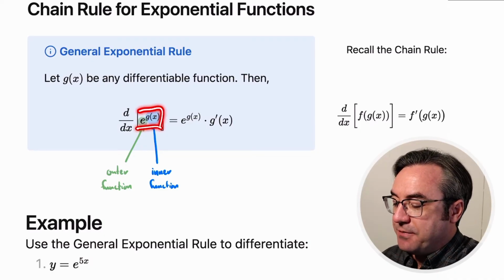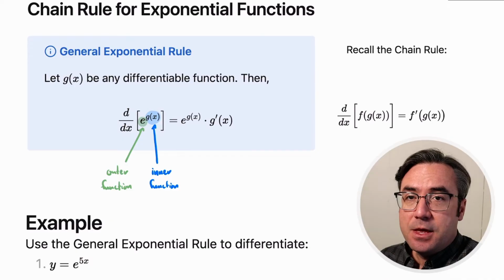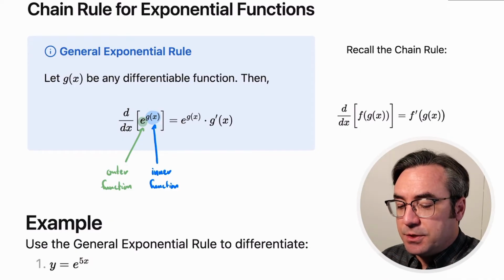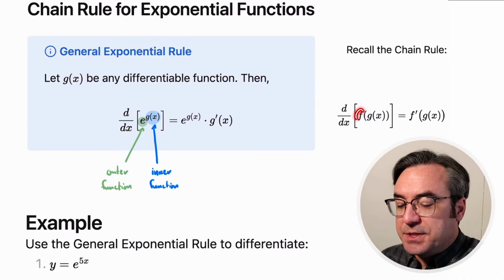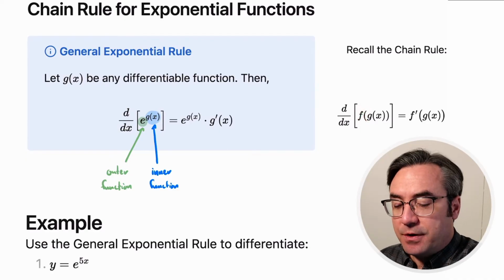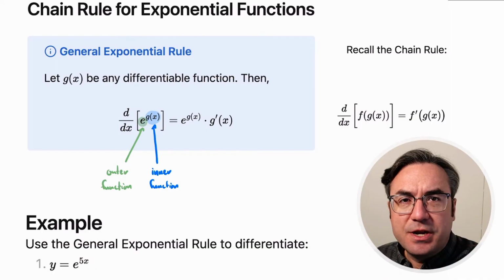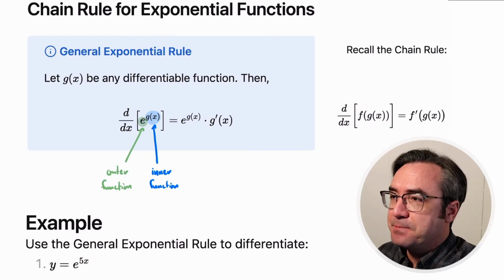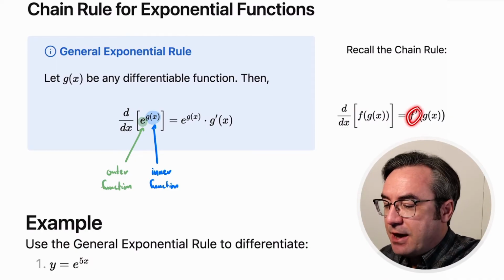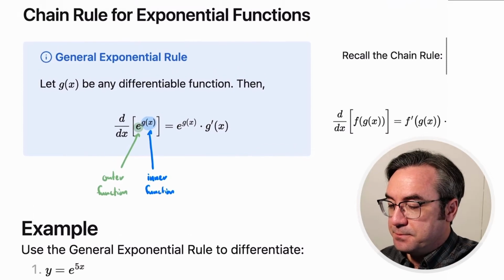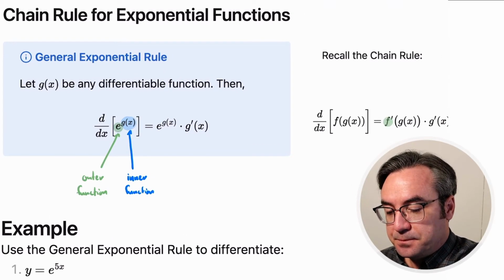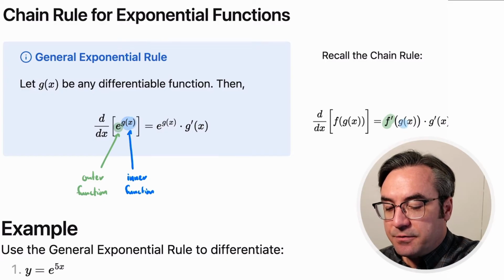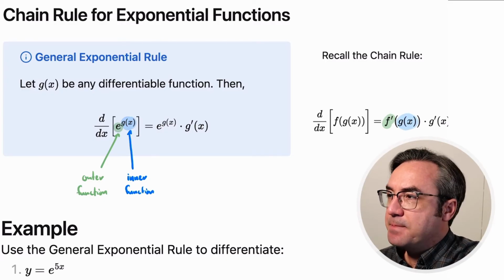All right, so how do we differentiate something like this? Well, if we remember, the chain rule said when we go to differentiate, we start by differentiating that outer function. So we have to break through the different layers of our function here. We differentiate the outer function. We keep our inner function exactly the same.